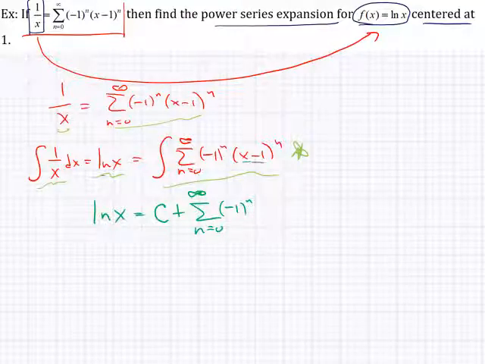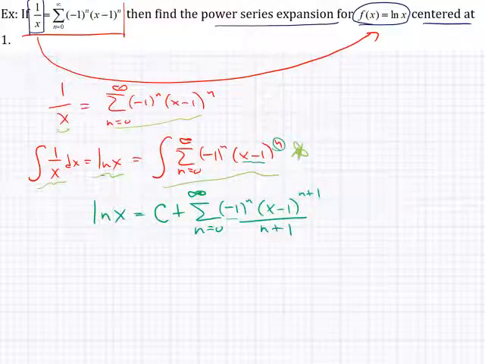The x is raised to the n, so that's where our power rule is going to come in. We don't do anything with the -1 because that's just a constant. So we have -1 to the n, x minus 1 to the n plus 1 over n plus 1. Integration power rule: add 1 to the power, divide by the new power. So there's your power series for log x.